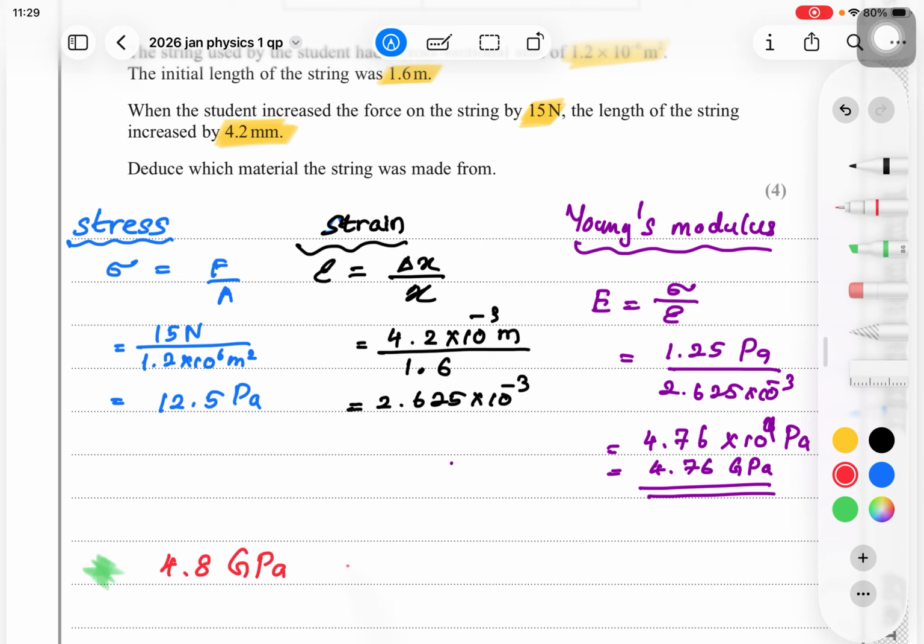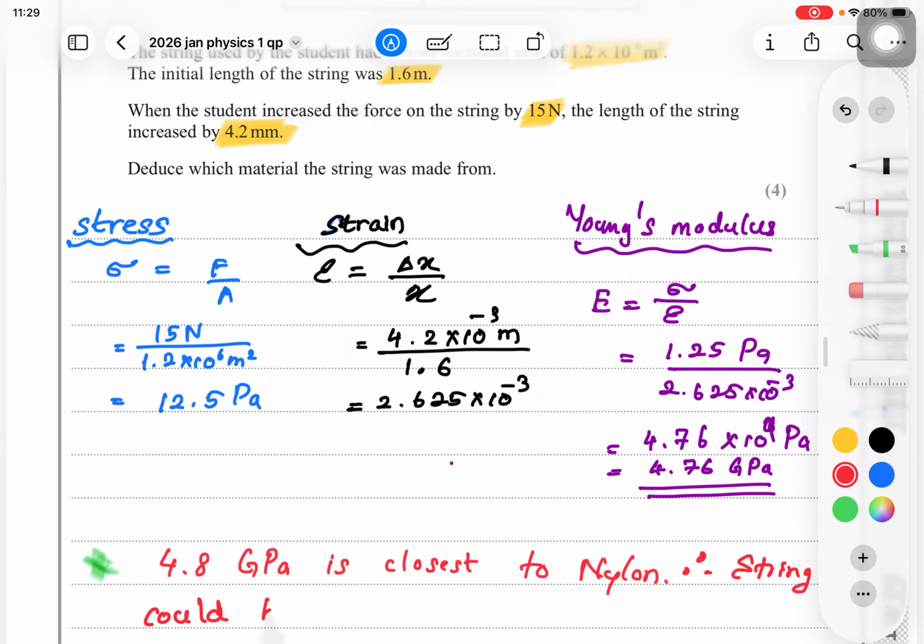You have to have your own reason: it is closest to nylon. So the material we can say the string could be is nylon.